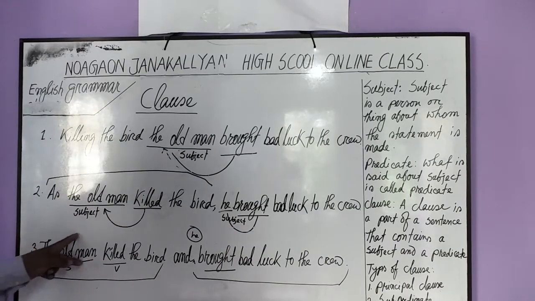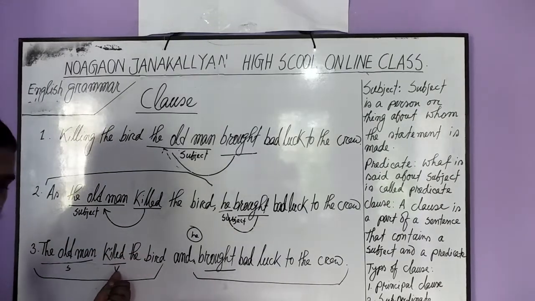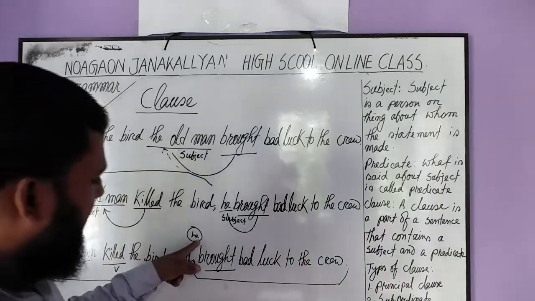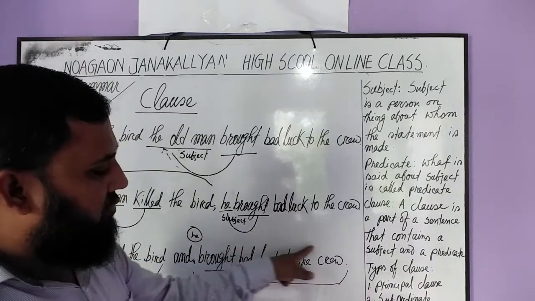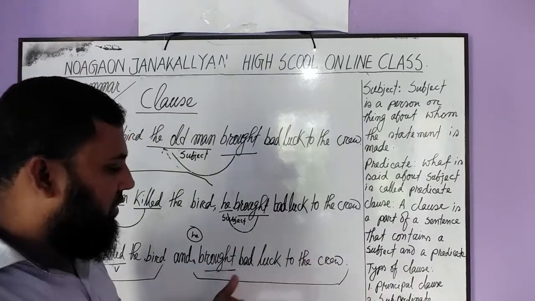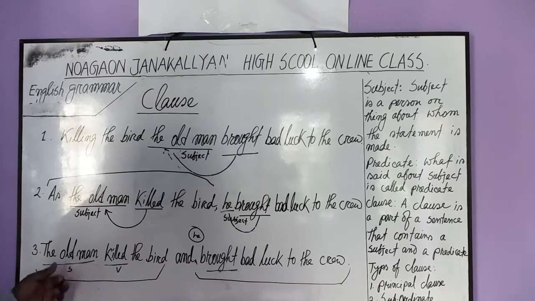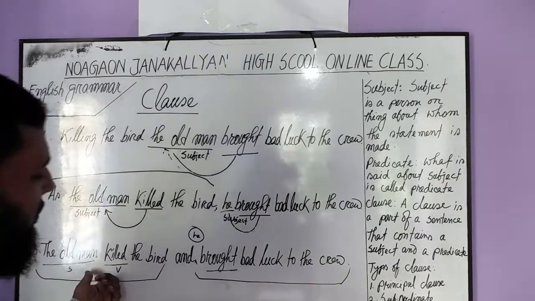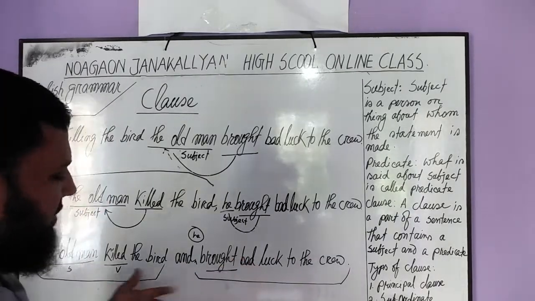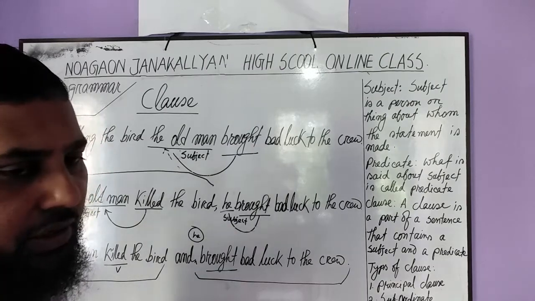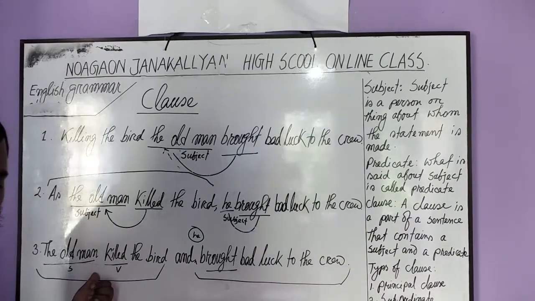The old man killed the bird. It's a principal clause. And brought bad luck to the crew. It's a principal clause. So we can see that in the third sentence, both of these clauses are principal clauses. Then we can call them coordinate clauses.